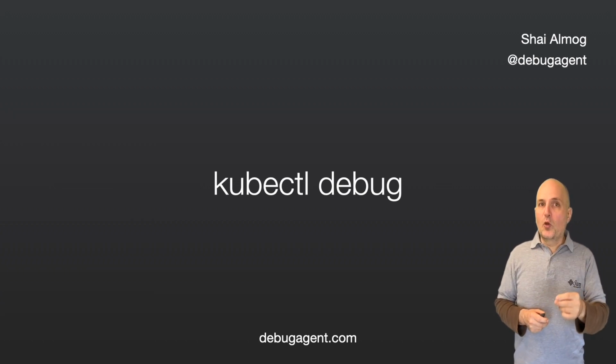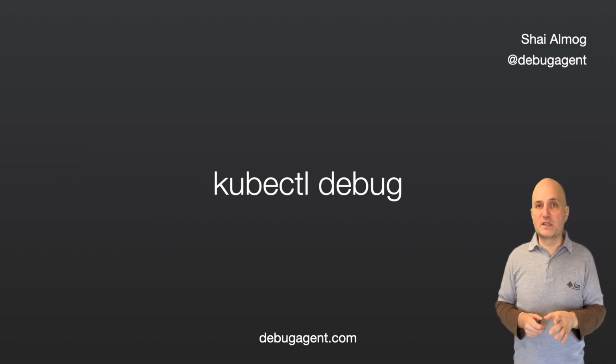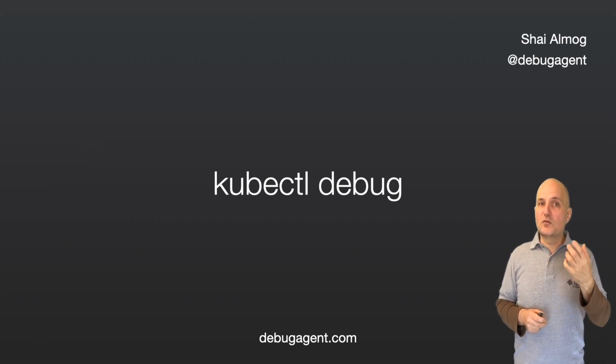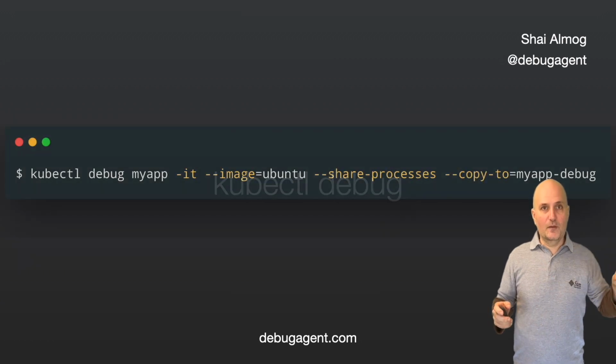As a result, we have a separate image which can run a completely separate version of the OS. It can reside in the same namespace, so we have access to the same process. The container's root file system can be mounted to the root directory, and we can have access to everything.